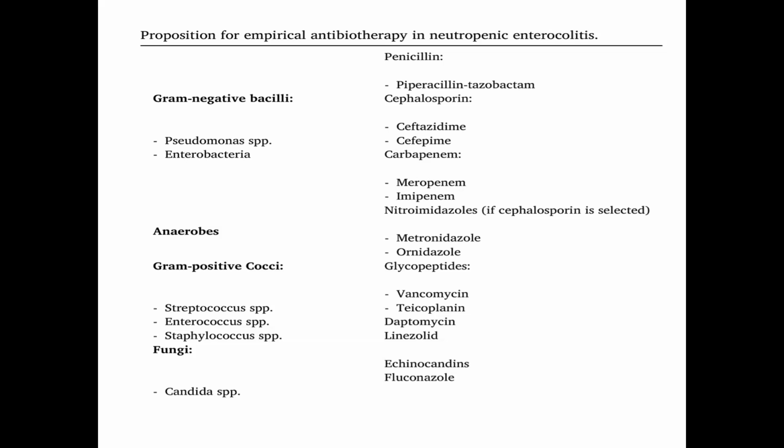Among the cephalosporins, cefepime is quite active and has good Pseudomonas coverage. Anaerobes can be associated, and the use of metronidazole or ornidazole, especially if you have superimposed Clostridium difficile infection.